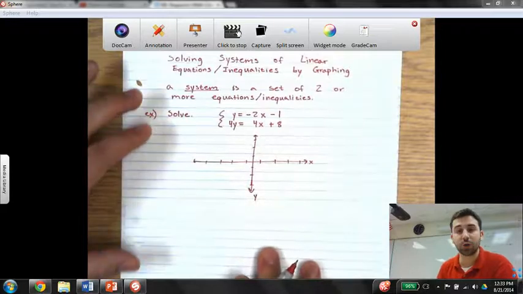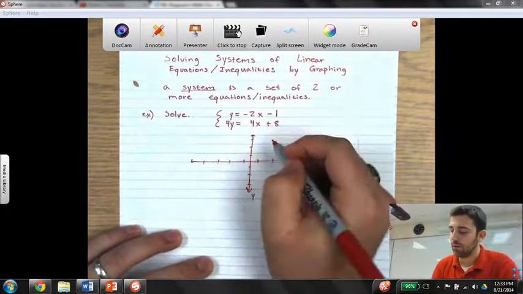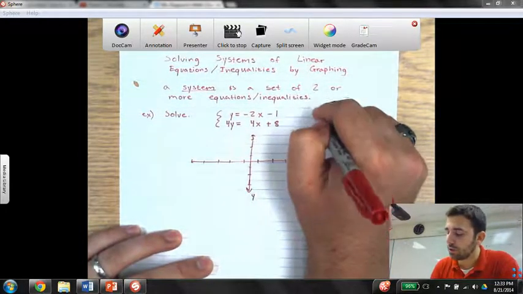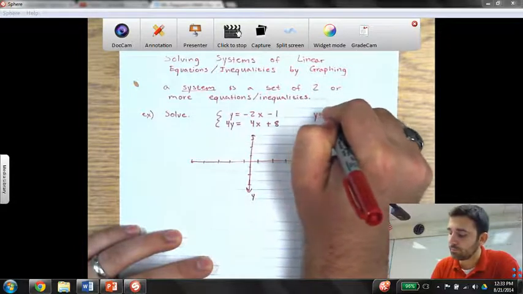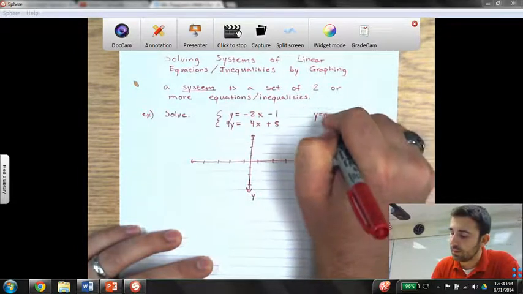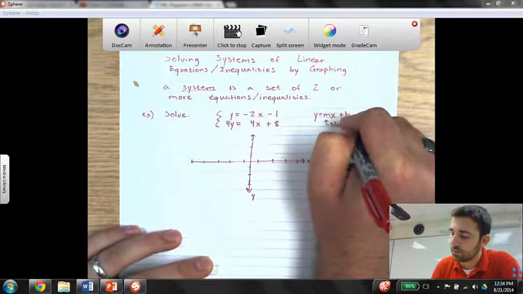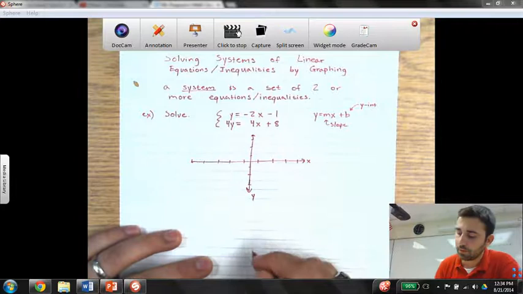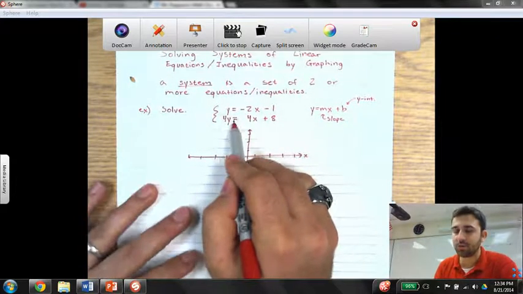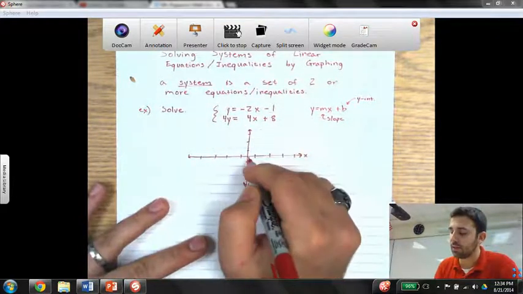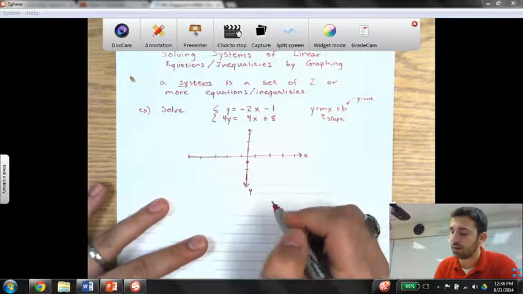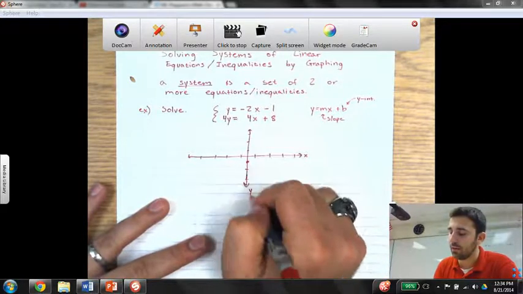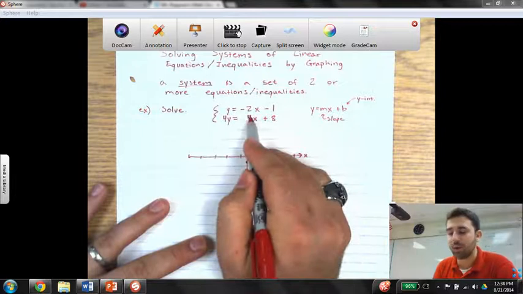So when we're graphing, we want to remember our slope-intercept form of a line. Y equals mx plus b, where m is the slope and b is the y-intercept. And for our first equation, my y-intercept is -1. So I plot a coordinate at negative 1 on the y-axis, and then I have a slope of -2.